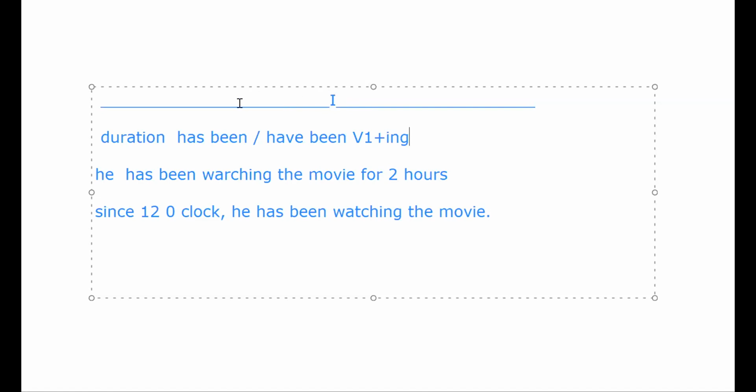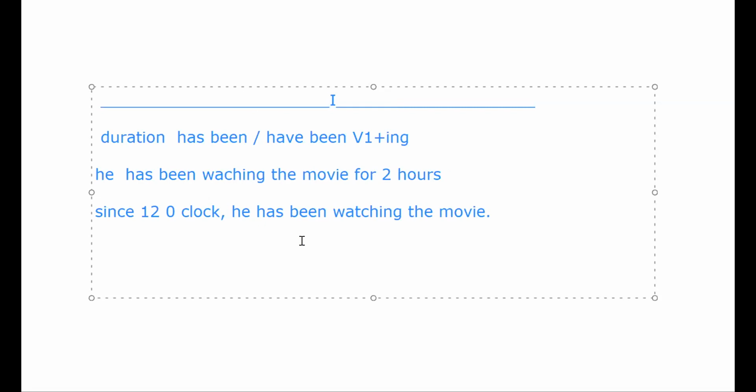Okay, then the important one, and the typical one, is some action started in the past and the result is seen in the present. Has plus V3, have plus V3. Some action started in the past, continuing and going into the future, has been informed. Okay, have been informed.